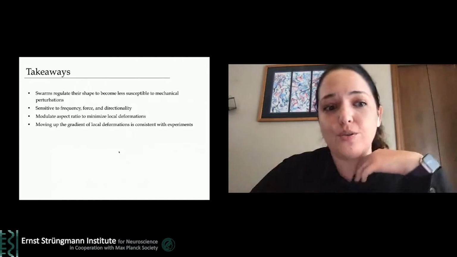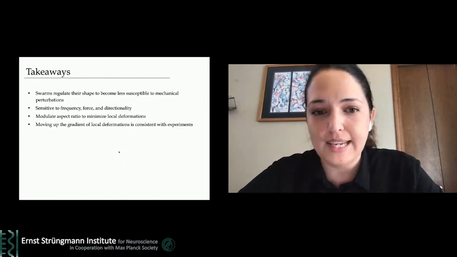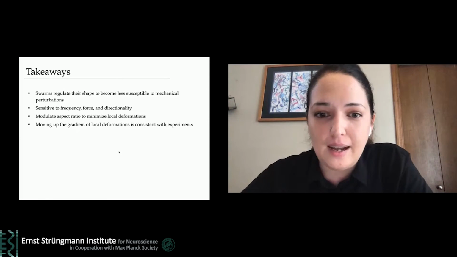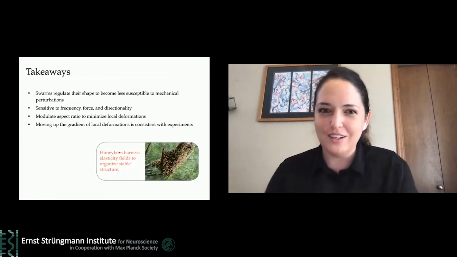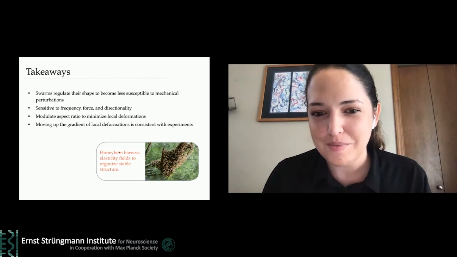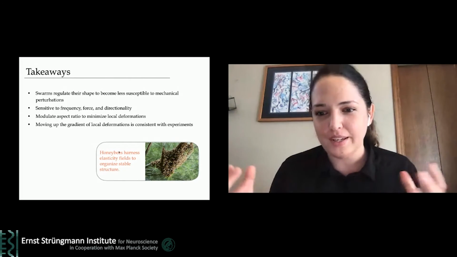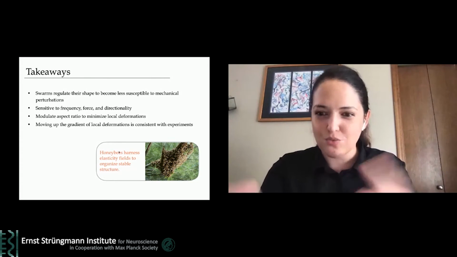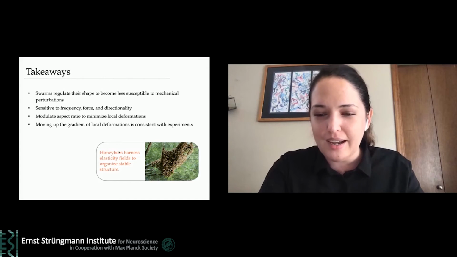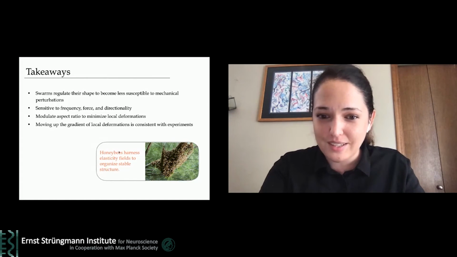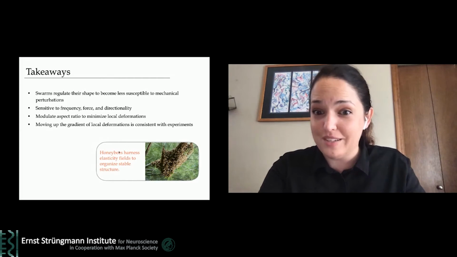And what we think is going on is that the bees modulate the aspect ratio to minimize their local deformation. But to tie it back into the idea of the extension of classical stigmergy, here bees potentially found a way to sample the mechanical forces locally in this really massive structure, and harness these large fields of elasticity to stabilize the swarm.